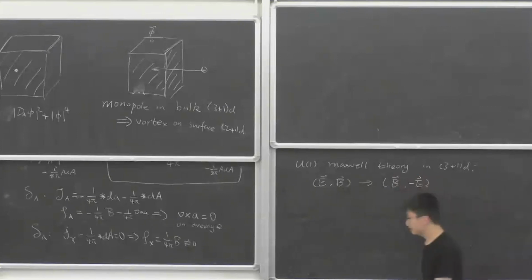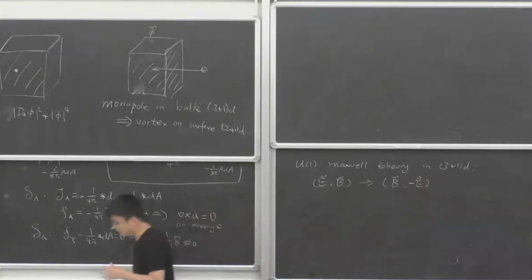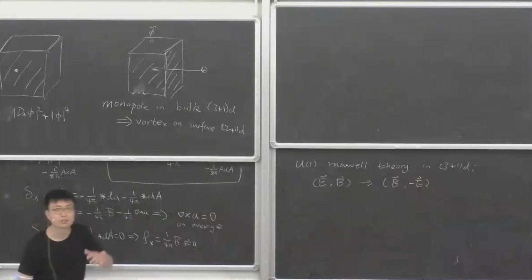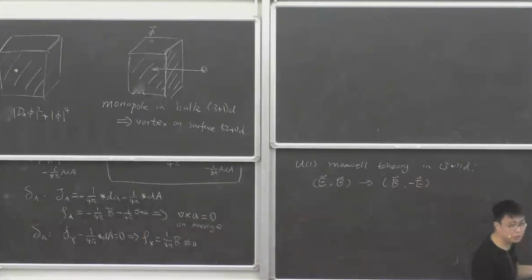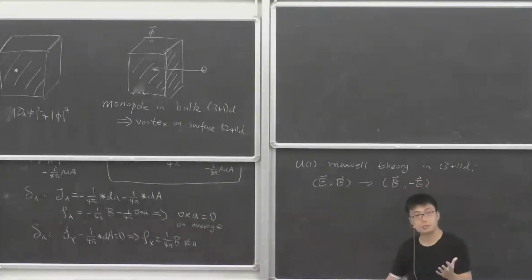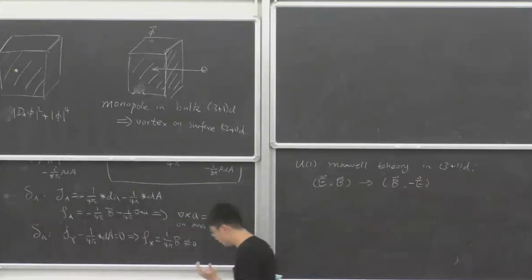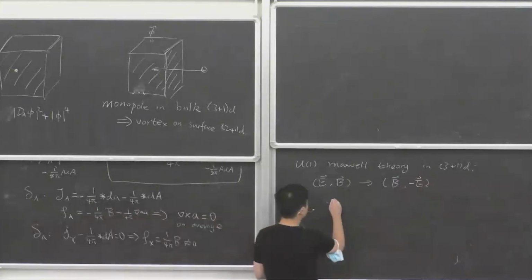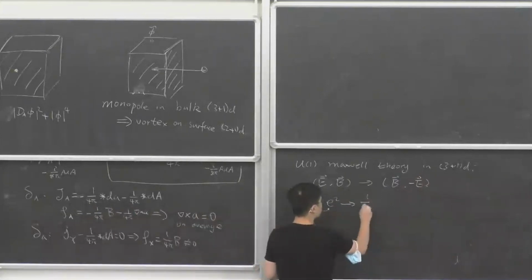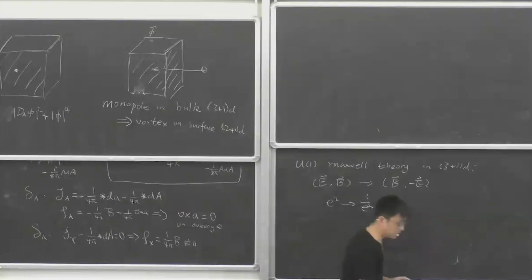If I suddenly decide to call my electric charge magnetic monopoles and magnetic monopole electric charge, the theory looks fine. It's just another U1 gauge theory. My coupling constant may change if you treat the theory more carefully. In fact, e squared goes to 1 over e squared in the Maxwell theory, but otherwise the theory looks the same.